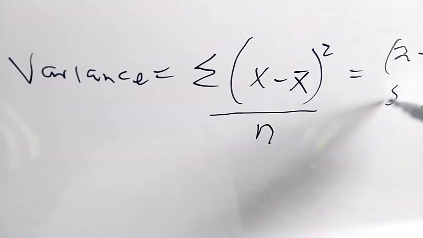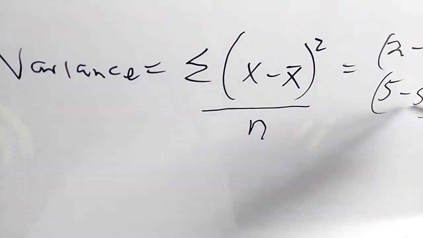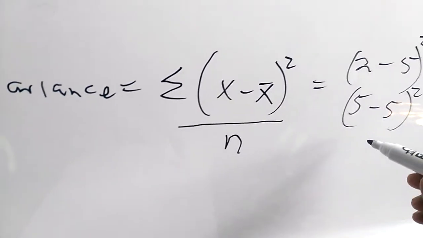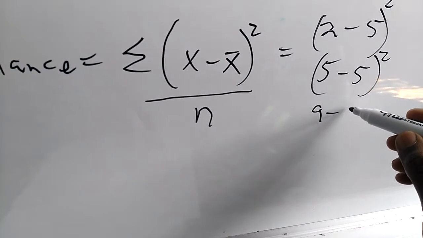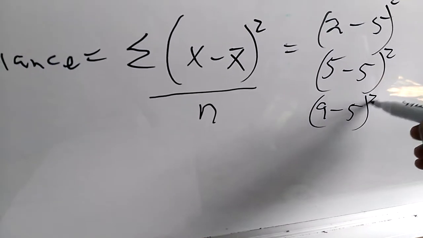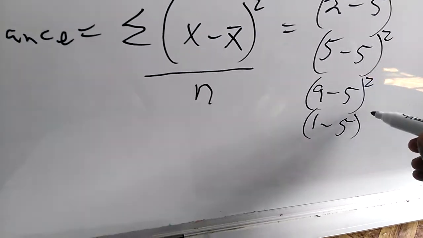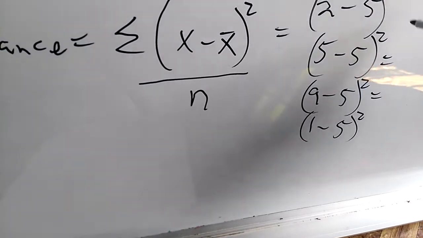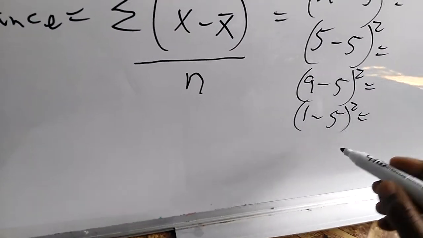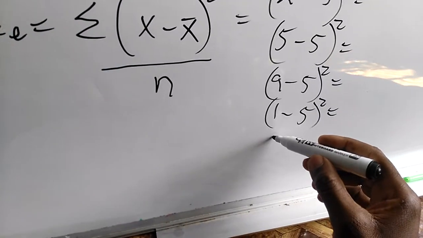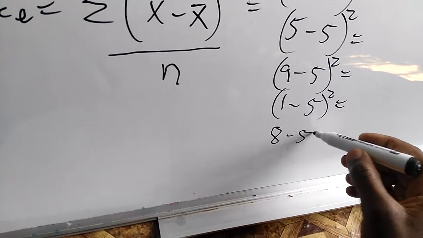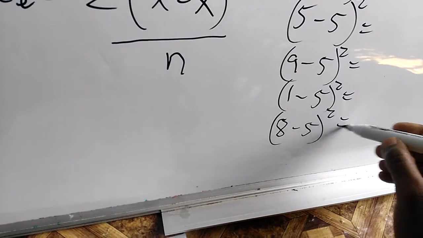We have 5 take away 5, we are told to square. We have 9 take away 5, we are told to square. 1 take away 5, we are told to square. Each of those, we want the sum now. Okay, we'll have 8 take away 5. We are told to square.